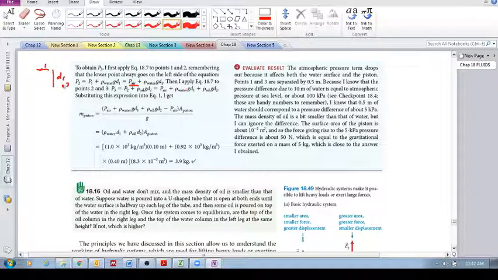Now, what about between point 2 and point 3? Pressure 3 is going to be the pressure at 2 plus rho g D, but it has to be the density of oil, g, times that difference, D2. So we've related point 2 to point 1, and we've related point 3 to point 2.